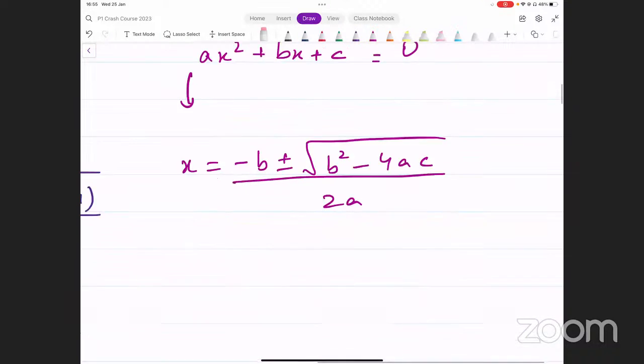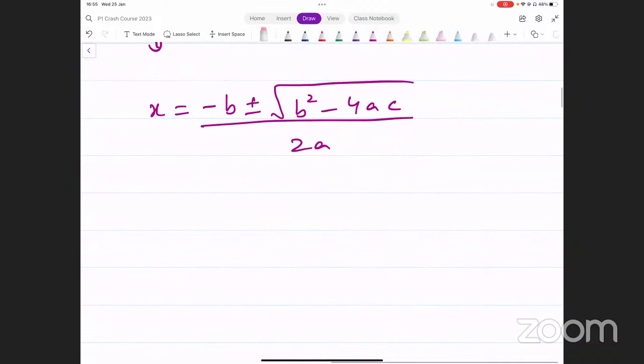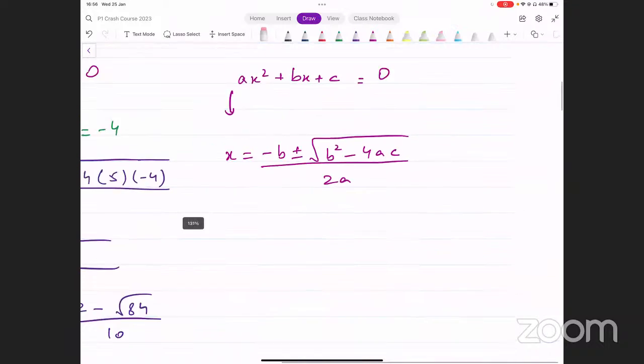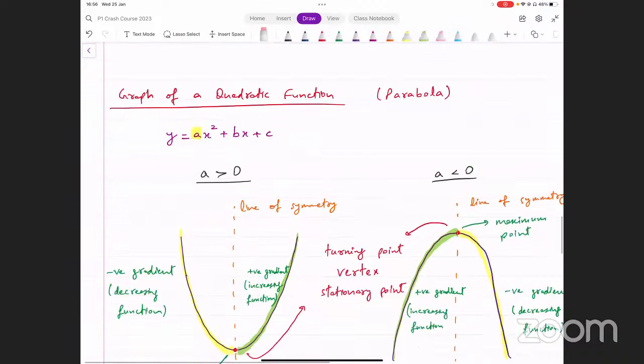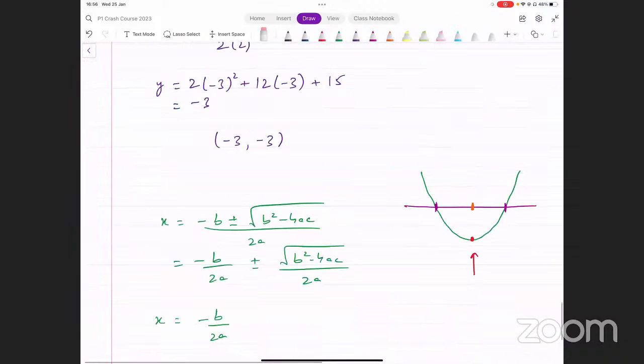This is the quadratic formula, minus b plus minus square root of b square minus 4ac divided by 2a. What you can do is just look at this part, minus b over 2a, that is going to give you the x coordinate of the turning point. All right. And once you have the x coordinate, finding the y coordinate after that is pretty straightforward.